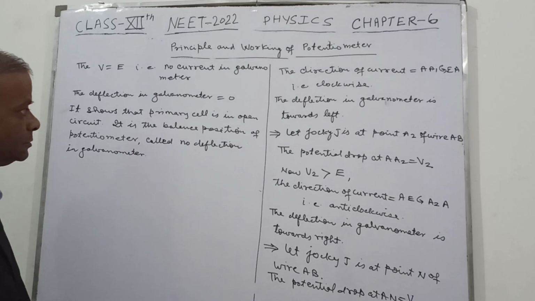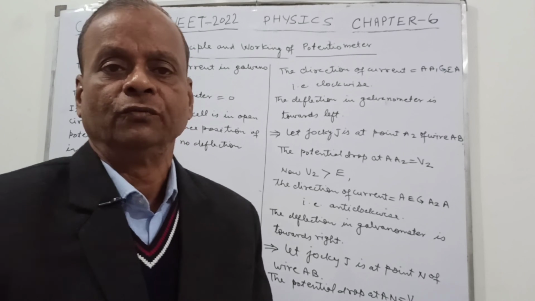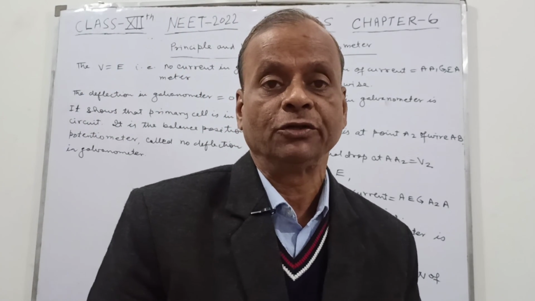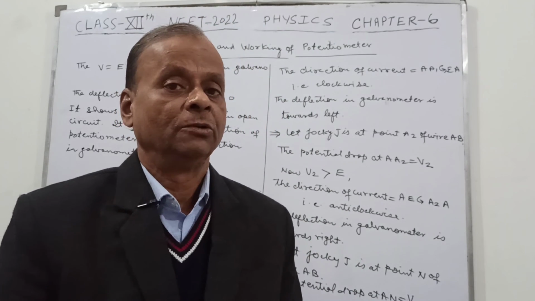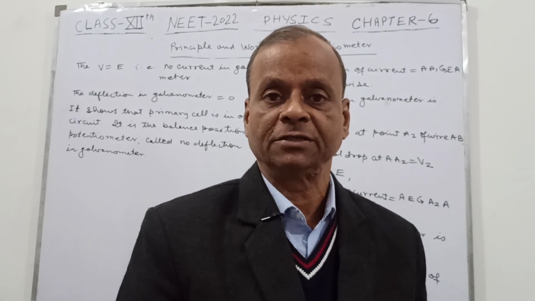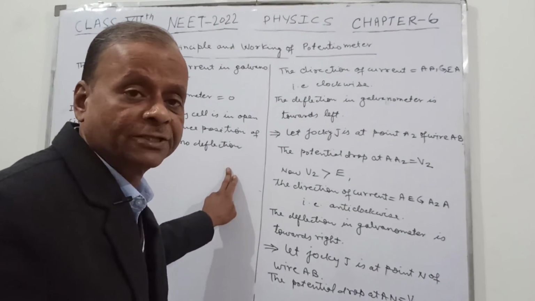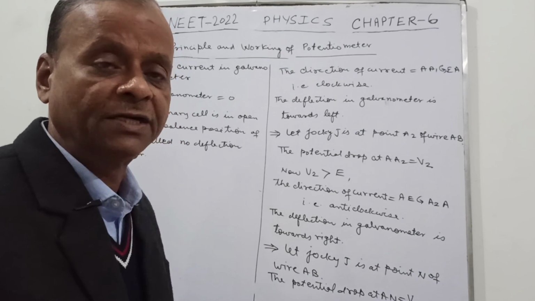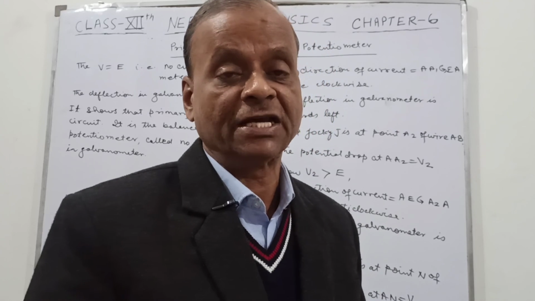So what does it show? This I told you earlier, when I just started the potentiometer, that the potentiometer is based on the null deflection or no deflection method. No deflection method means that no current is taken from the primary cell in the auxiliary circuit. So the cell is in open circuit.